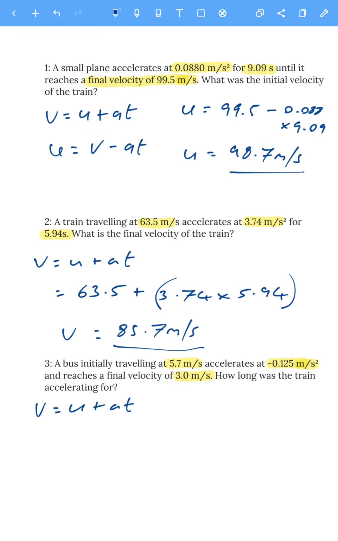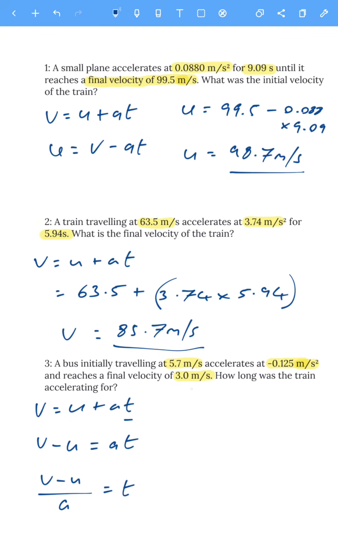What we need to do is rearrange to make T, or time, the subject. So let's get rid of the add U. The opposite of adding U is subtracting U. So V minus U will be AT. And then we simply need to get rid of the multiplied by acceleration. The opposite of multiplying by acceleration is dividing by acceleration. So V minus U over A would give us the time.